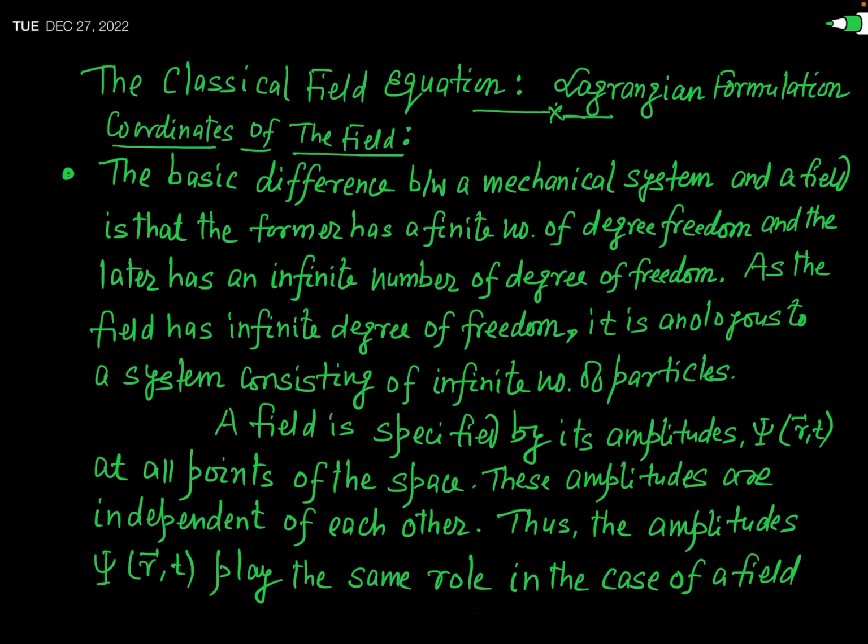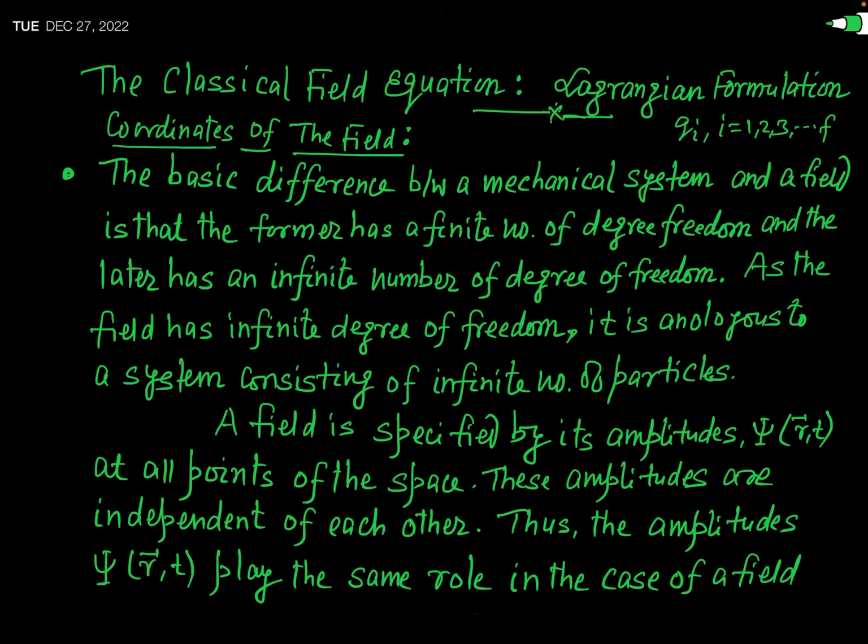Okay, and those generalized coordinates in classical mechanics are represented by the symbol qi, where i runs from 1, 2, 3, and so on up to f, where f is the degree of freedom.